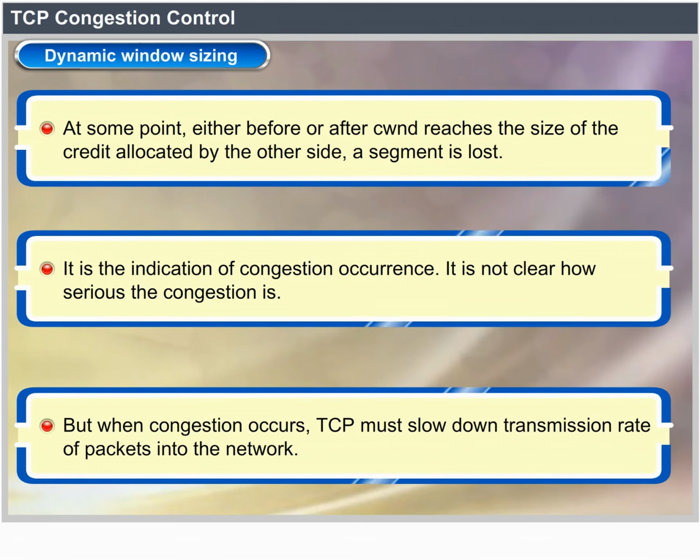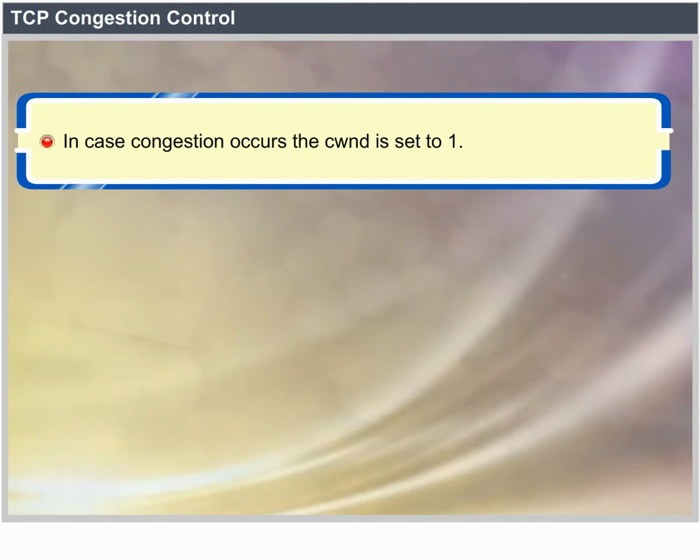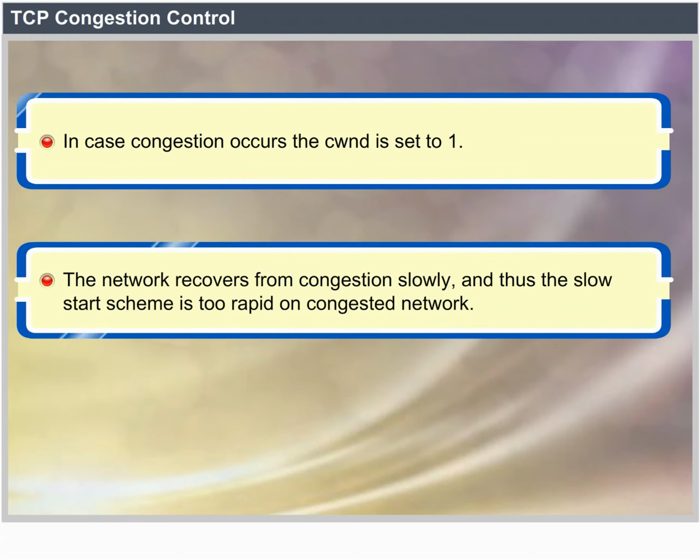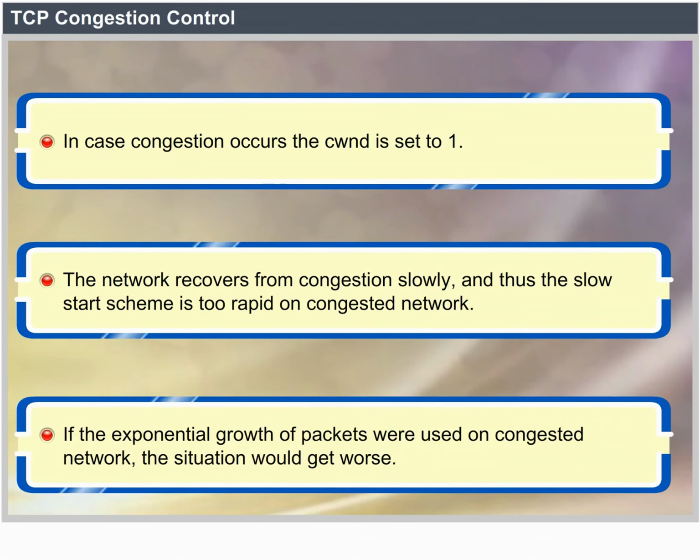In case congestion occurs, the CWND is set to 1. The network recovers from congestion slowly, and thus the slow start scheme is too rapid on a congested network. If the exponential growth of packets were used on a congested network, the situation would get worse.